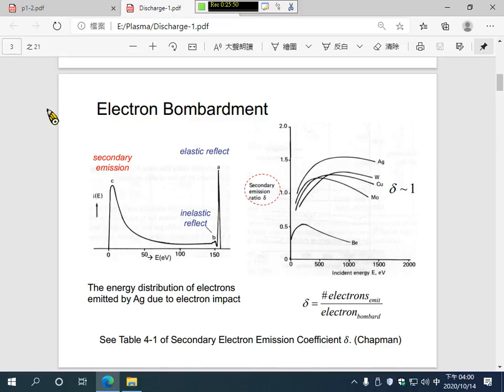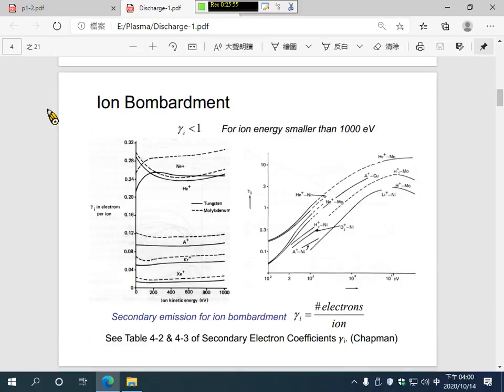But the secondary electron emission by ion bombardment is always smaller than 1 in a DC plasma system. But if you can generate an ion beam with such high energy, the secondary electron emission by the bombardment of these high energy ions can be higher than 1 or even 3. Okay.